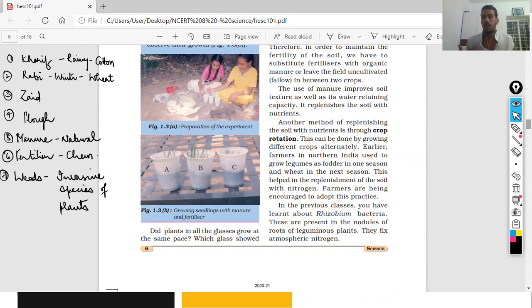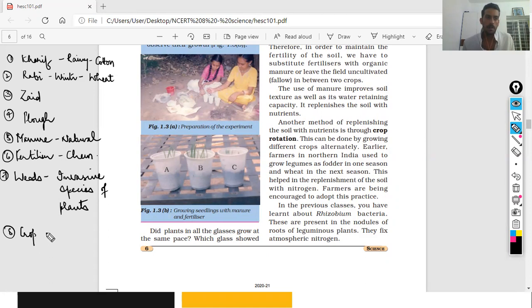there are a lot of practices in different parts of the globe, and one of the most famous practices to ensure that your soil maintains strength is called crop rotation. Now, in crop rotation, we would be coming up with crops which are leguminous in nature, right?